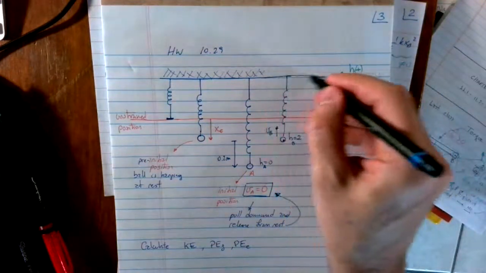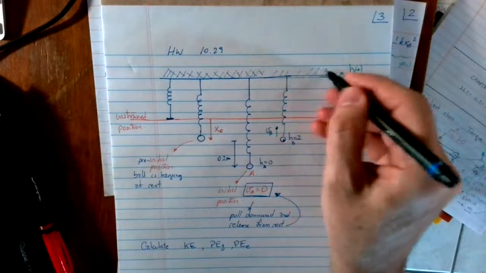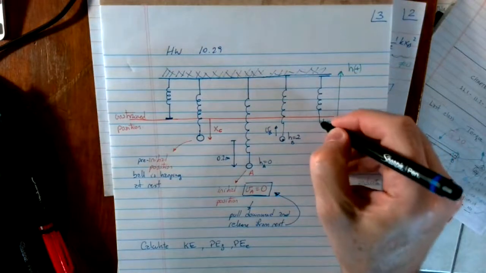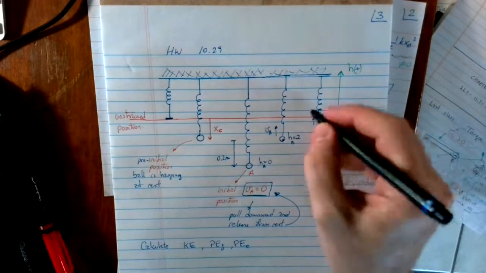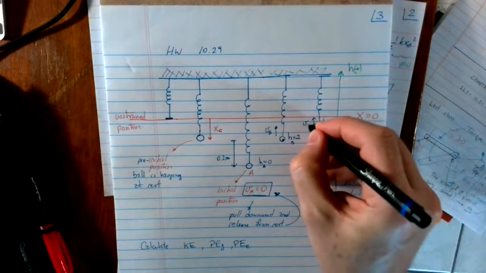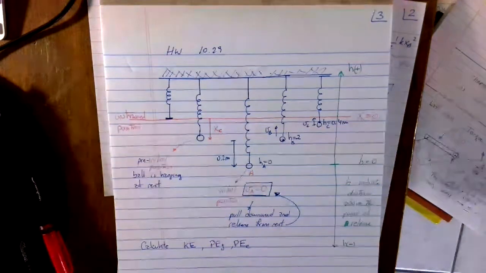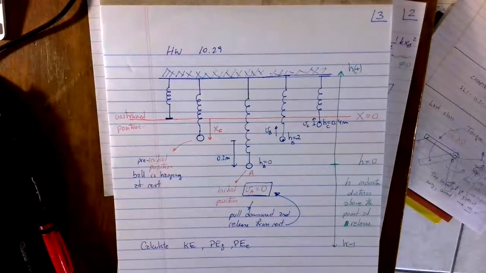The problem does not say, in principle, up to this point. But let us assume that it's still going up with the velocity that we call VC. So these are all the things that we need to calculate. What we need to calculate is the kinetic energy, the elastic potential and the gravitational potential.